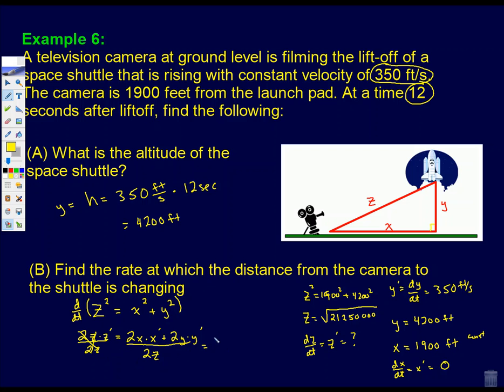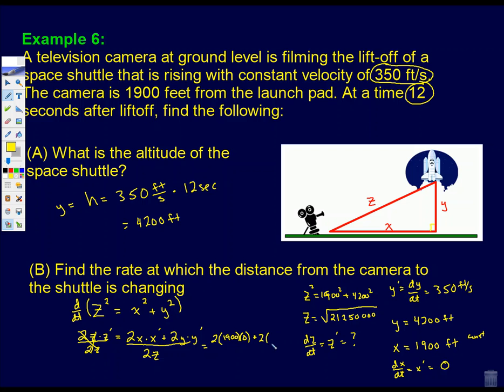So 2 times the 1,900 feet times x prime. But remember, we noted that x prime is 0 because the horizontal distance is not changing. It's constant, so its actual rate of change is 0.